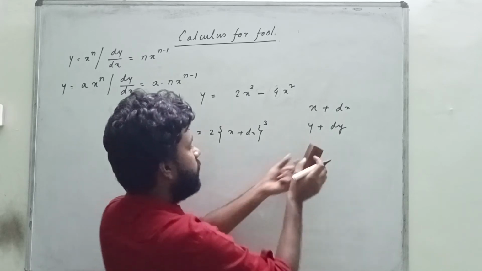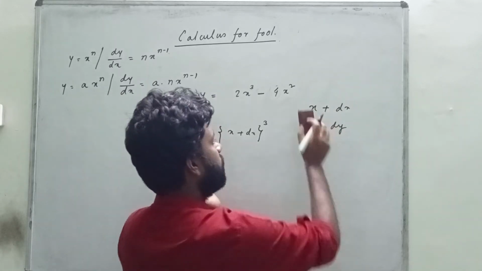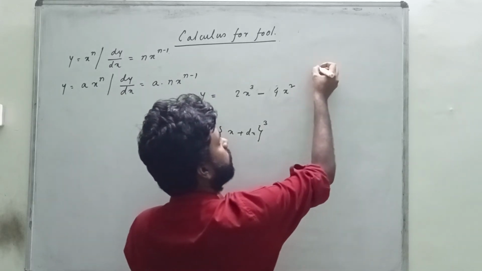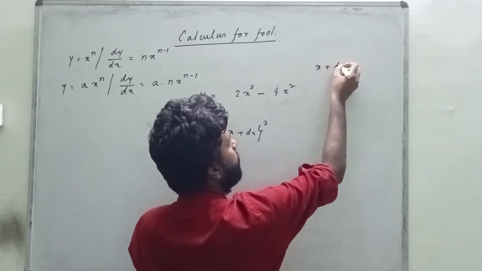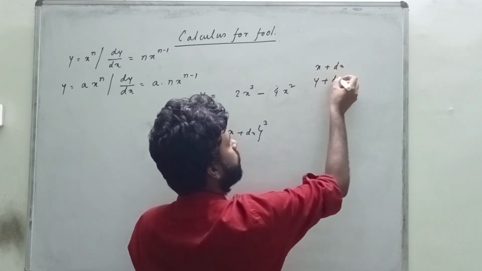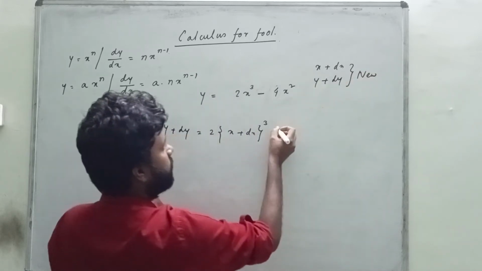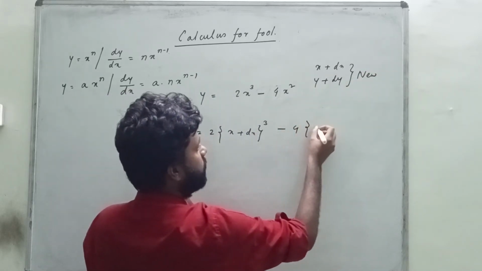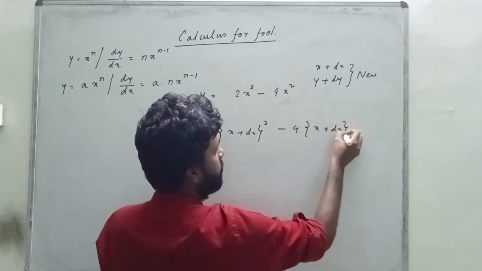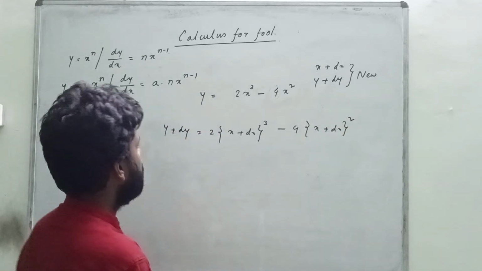Okay, it is a new relationship. I will erase it, right? Okay. So let me write down. Yeah, it's a new. Okay. So now x is a minus 4, x goes to x plus dx squared. Okay.